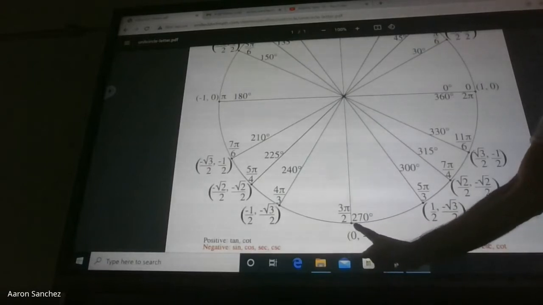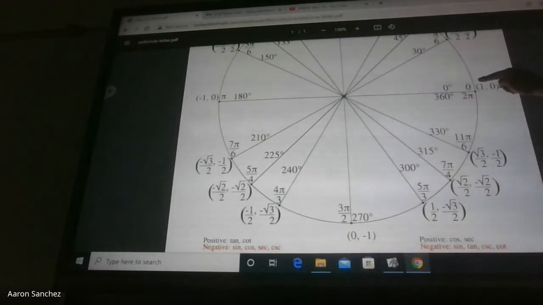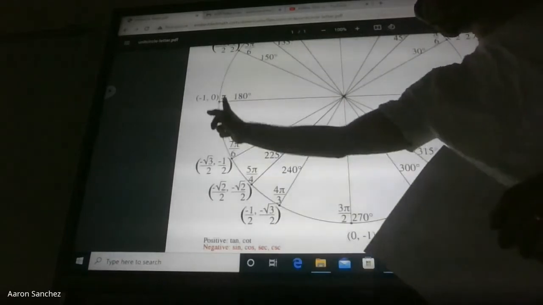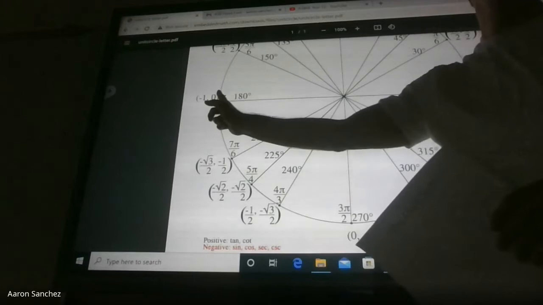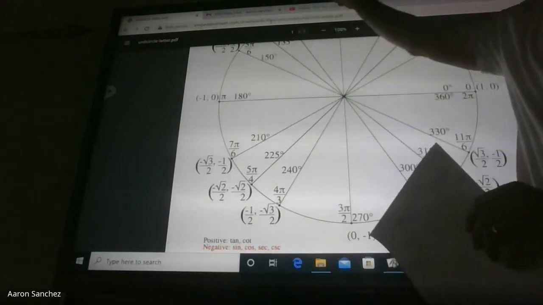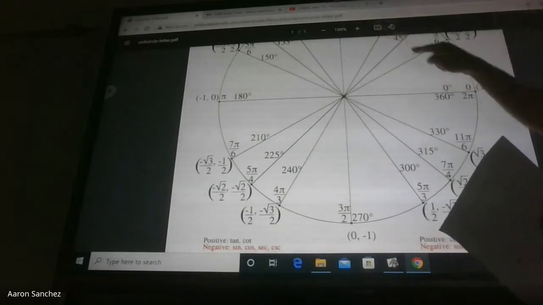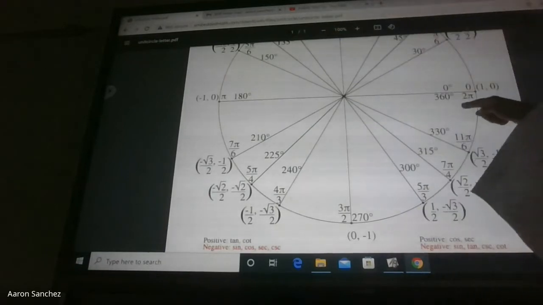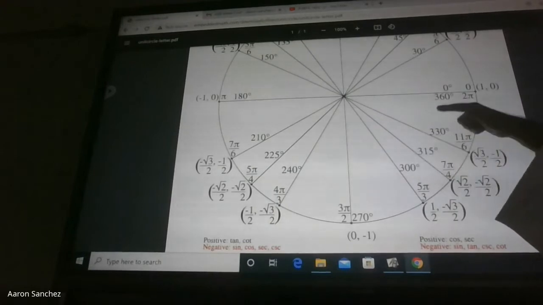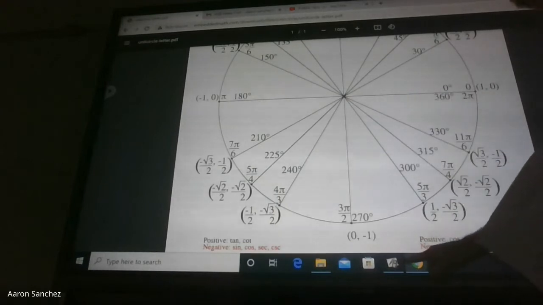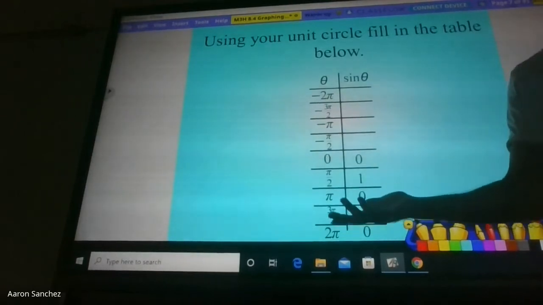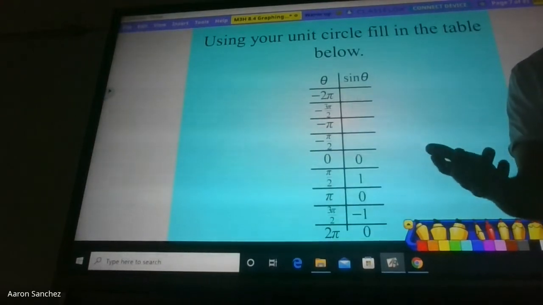Negative pi would be in the other direction, there. Negative 3 pi over 2 will be to the top. And then negative 2 pi will be back at the start. See how we're getting our numbers for the negatives? I'm making it complicated now, but I'll make it much more simple when we graph it.